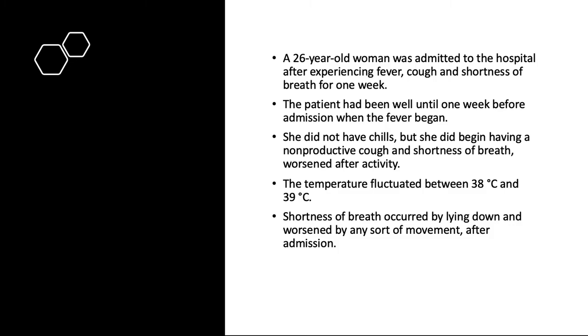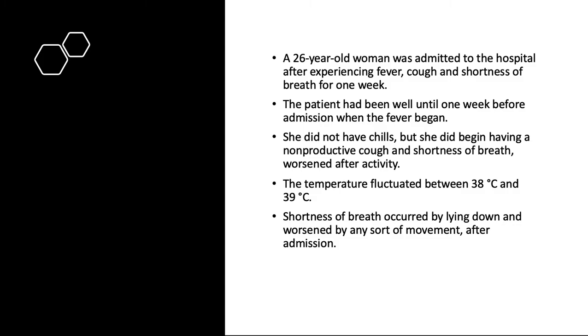The patient had been well until 1 week before admission, when the fever began. She did not have chills, but she did begin having a non-productive cough, and shortness of breath worsened after physical activity. The temperature fluctuated between 38 and 39.